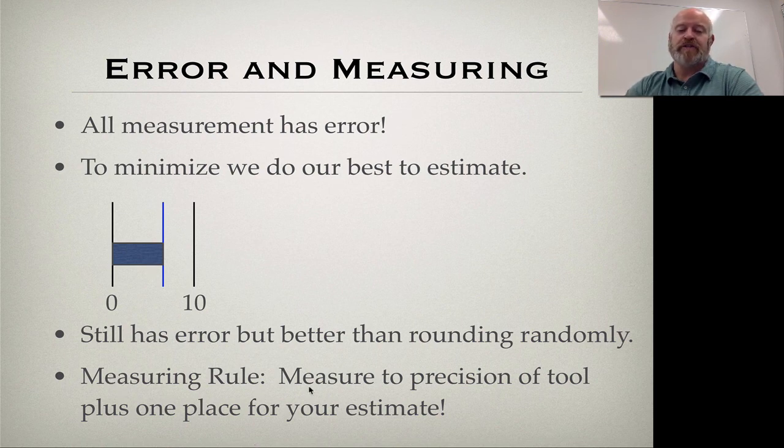When you're measuring, you measure to the precision of your tool. So wherever the lines or marks are on the tool you're working with, plus you add in your own estimate.